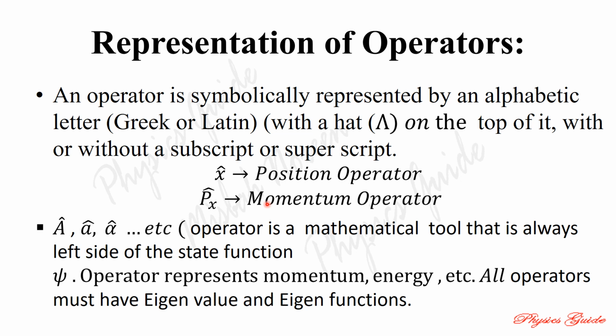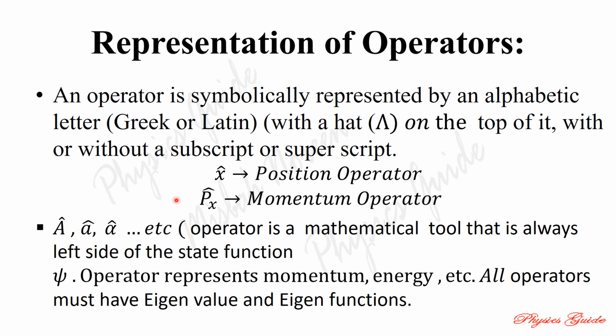In a three-dimensional system, we represent the momentum operators by P of X, P of Y, and P of Z. So if we simply write P with a hat on the top of it, then we can say that this is the momentum operator.